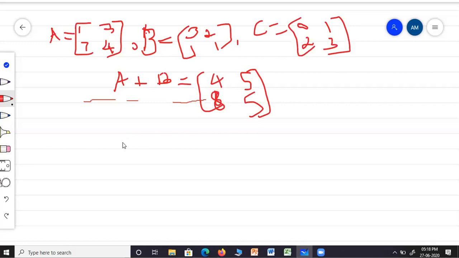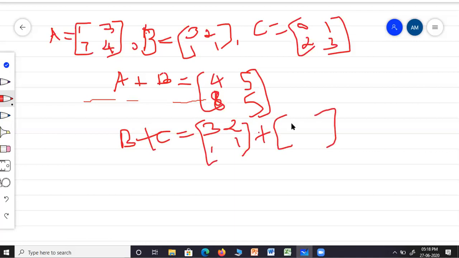Then again we'll find B plus C. Matrix B is 3, 2, 1, 1 plus matrix C is 0, 1, 2, 3. So the answer is 3 plus 0, 3; 2 plus 1, 3; 1 plus 2, 3; and 1 plus 3, 4.